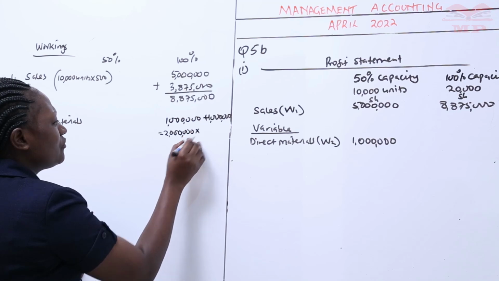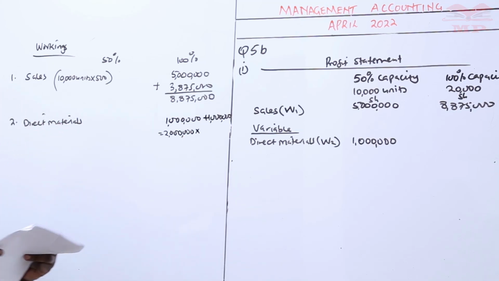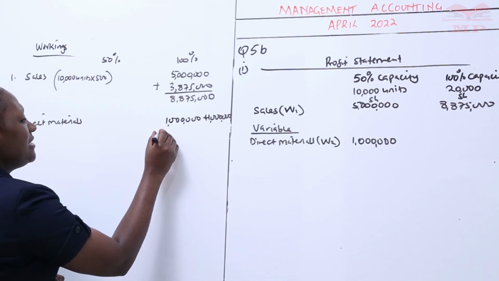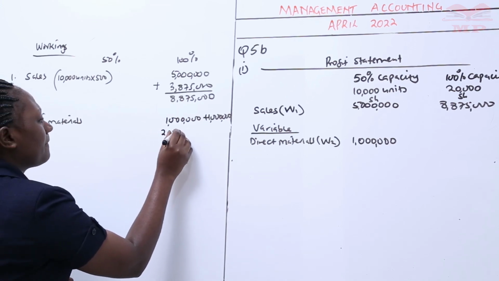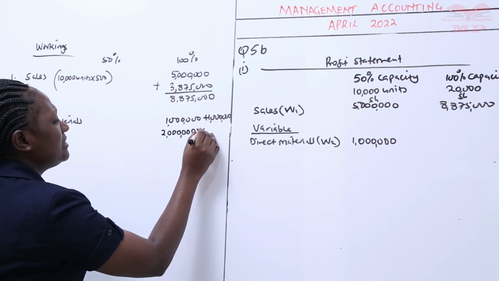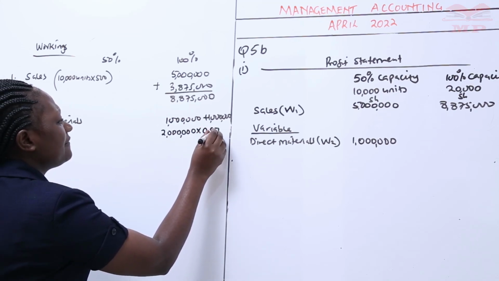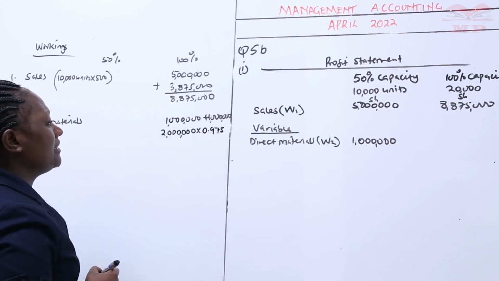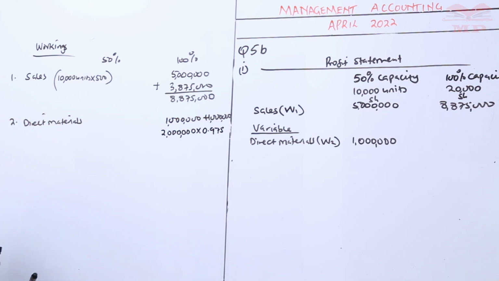But now these 2 million will be affected, where the price will now reduce. So this will equal 2 million, and we multiply this by 0.975. That's 100 minus 2.5%.